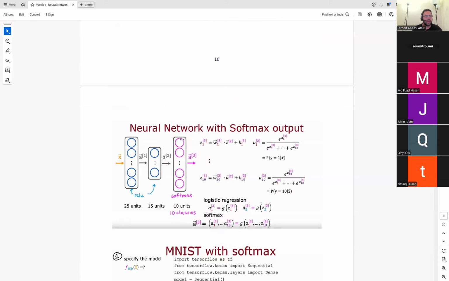So the output layer has more nodes, right? For example, 10 units, because you're working on multi-class classification with 10 classes or 10 possible outputs. For example, 10 numbers, right? You're working on a postal code or zip code on an envelope. So there are 10 numbers. So the output would be 10 classes.